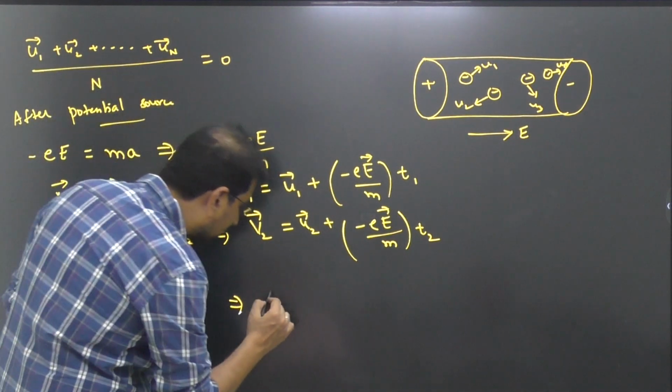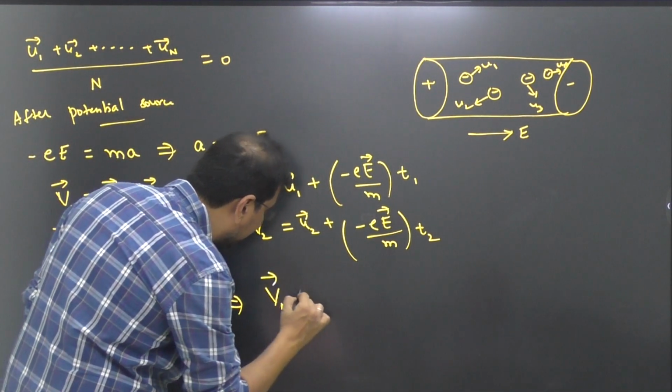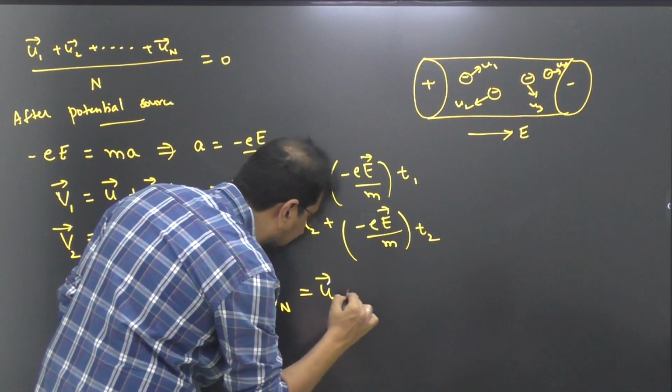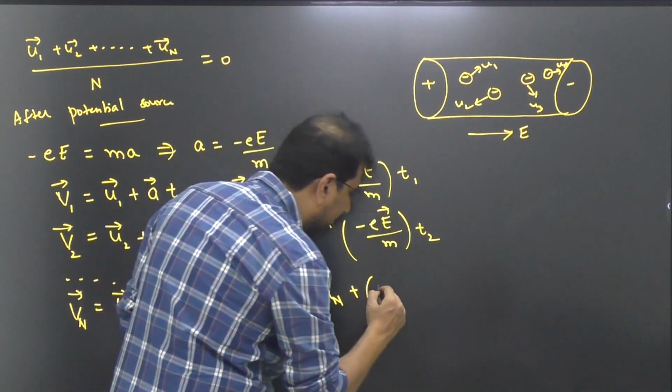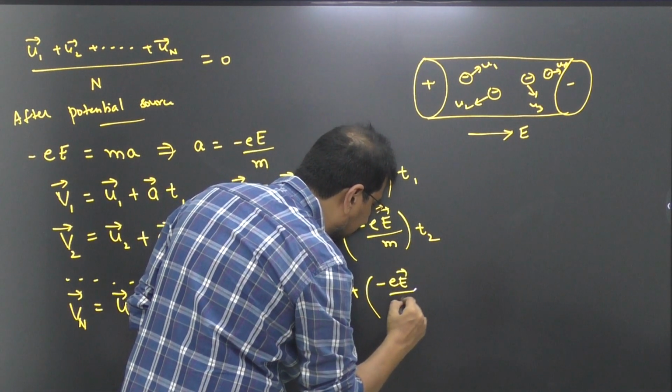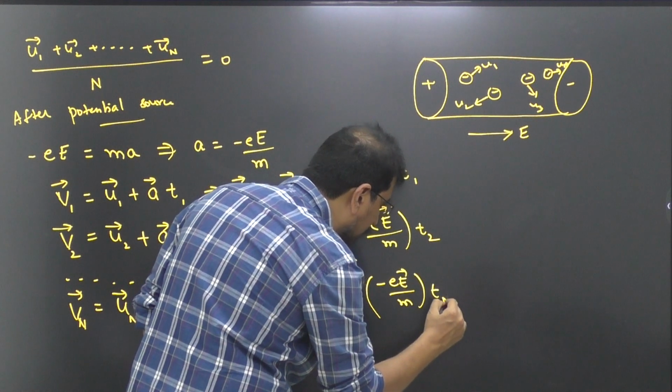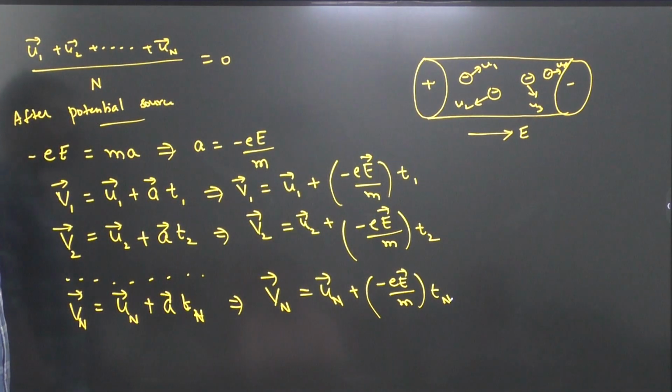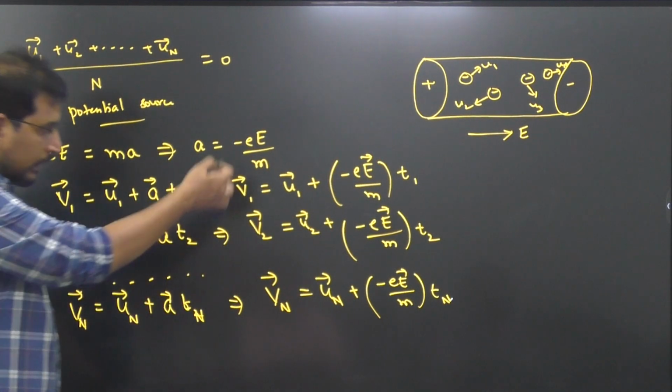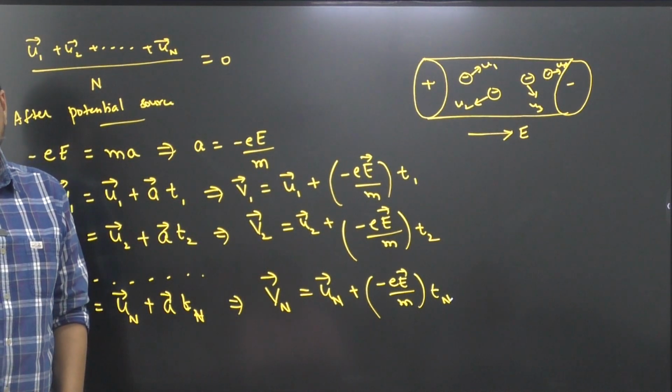Okay. So v_n vector is equal to u_n vector plus (minus e into capital E vector) divided by m into t_n. Now what I'm supposed to do is add all these values.